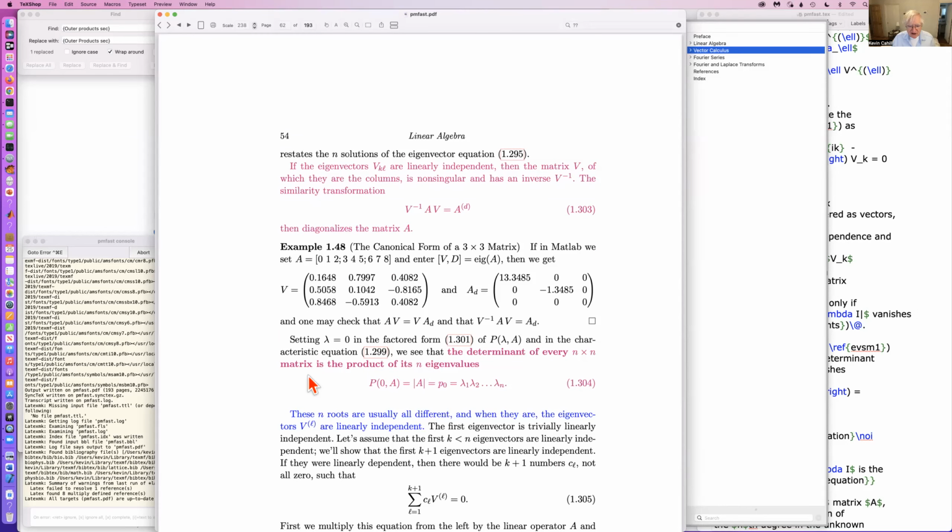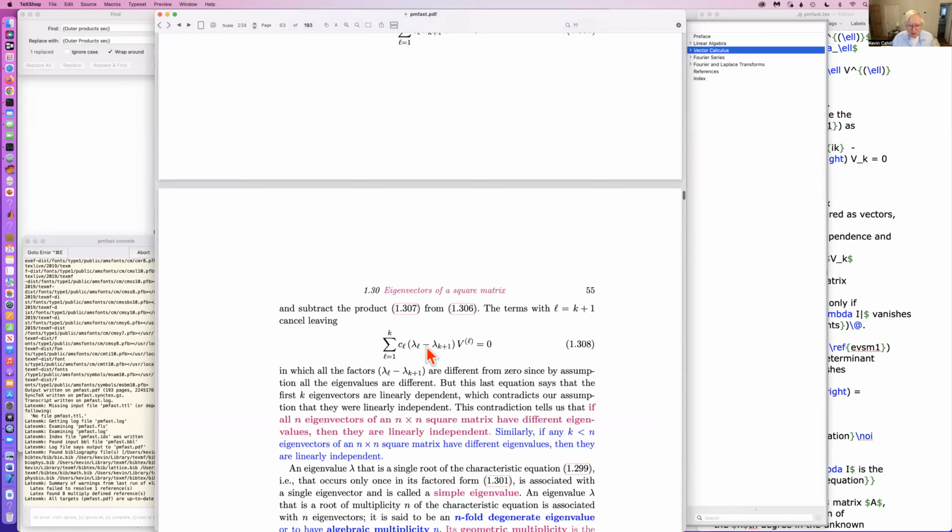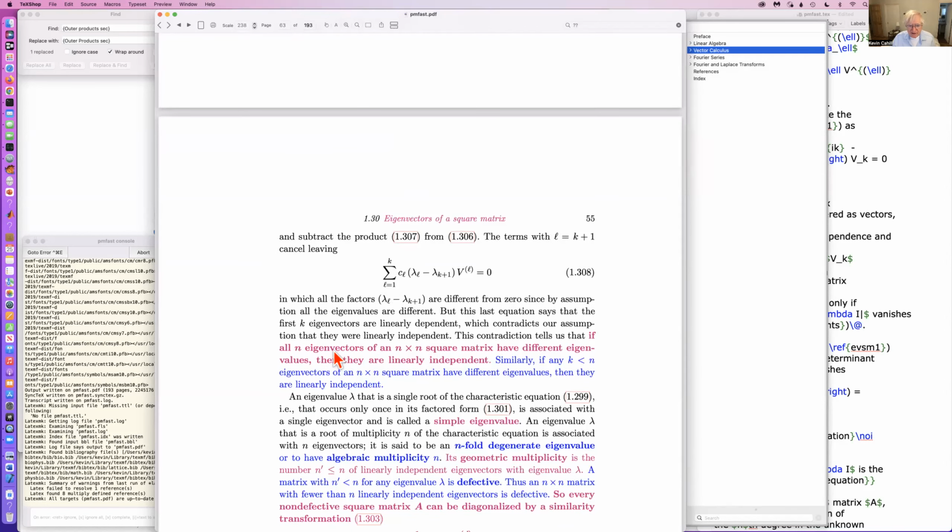The determinant of every n by n matrix is the product of the eigenvalues. Now, these eigenvalues, these n roots of the characteristic equation, are normally all different, and when they are, the eigenvectors are linearly independent. That's basically a proof of that.